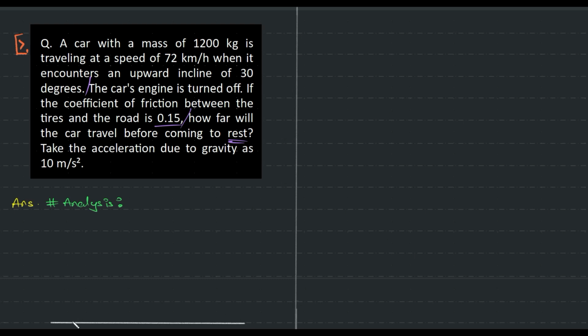So we have, say this is the horizontal, this is the road, and somewhere over here the road starts to incline. And this angle is 30°. So somewhere over here, the vehicle stops. And the coefficient of kinetic friction is 0.15.